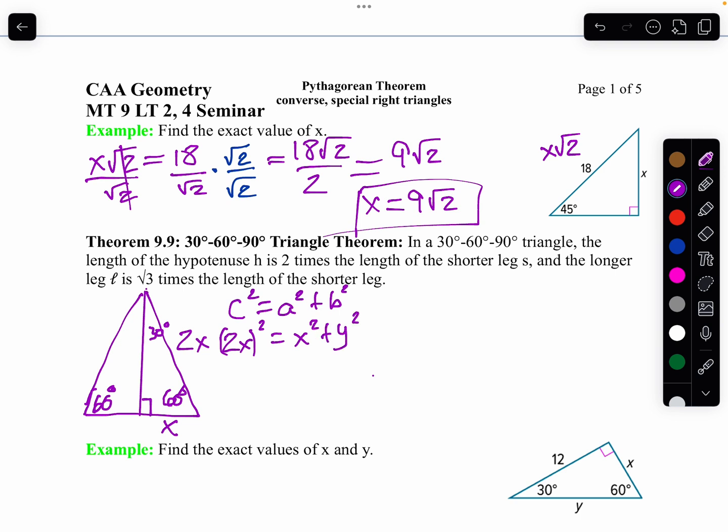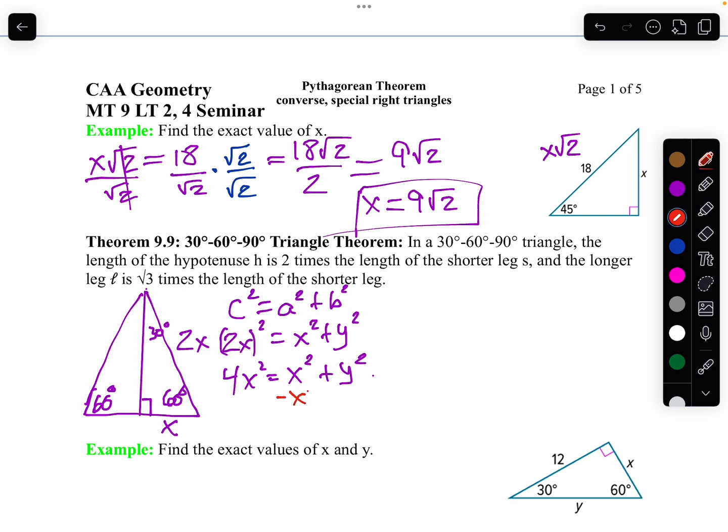Now what I want to do is find an expression for y. I better simplify that before I start subtracting, because otherwise people get confused. So 2x squared is 4x squared equals x squared plus y squared.